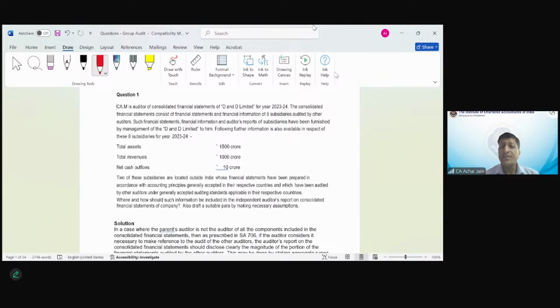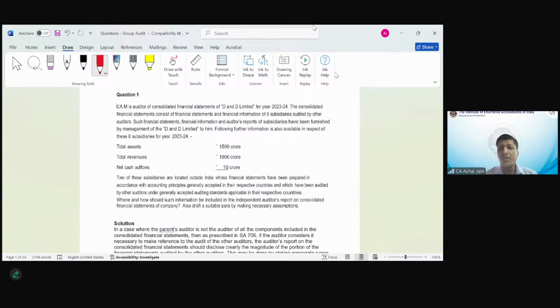CAM is auditor of CFS of D&D Limited for the year 23-24. Consolidated financial statements consist of financial statements and financial information of 8 subsidiaries audited by other auditors. Such financial statements, financial information, and auditor's reports of subsidiaries have been furnished by the management of D&D Limited to him.